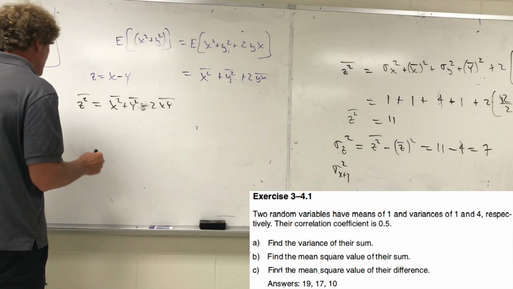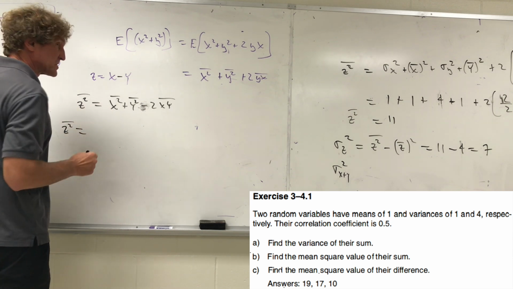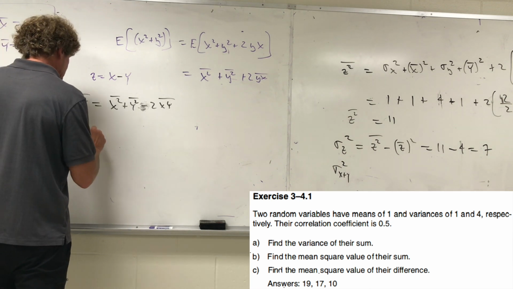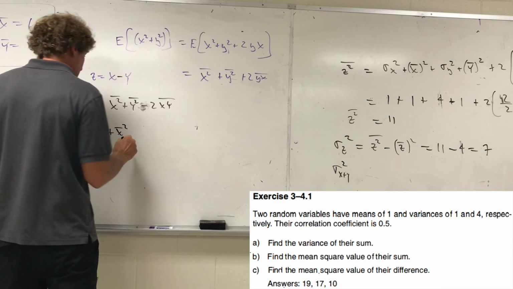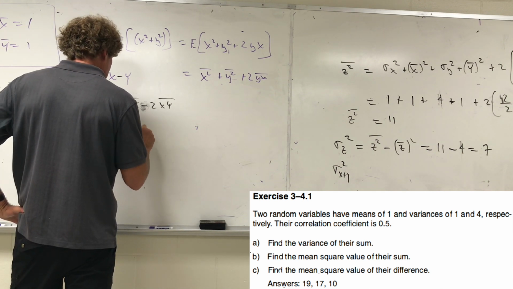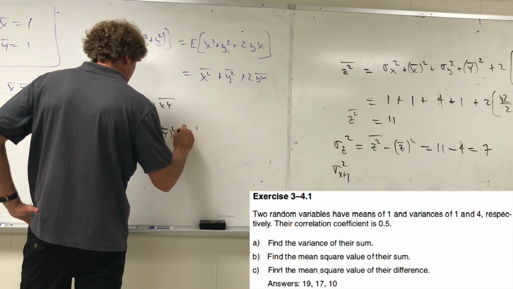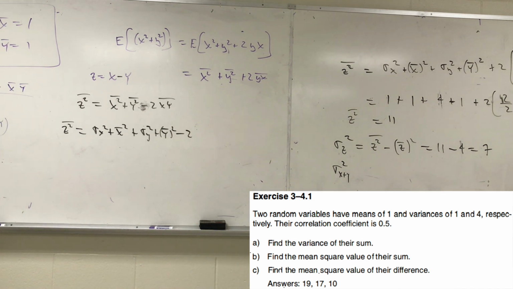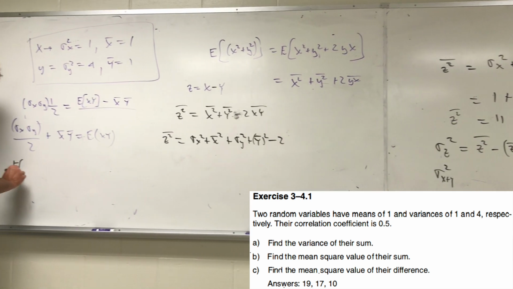Same as before, to get this, x squared, the value of that is just sigma x squared plus x bar squared, plus y squared is just sigma y squared plus y bar squared, minus 2, and then over here, I have the expected value of that. I'm going to put a number in for this. So the expected value of x y.